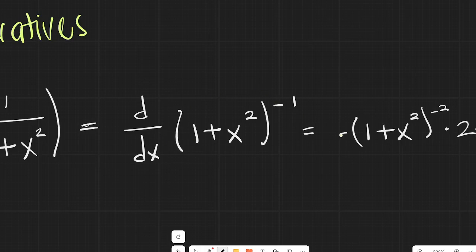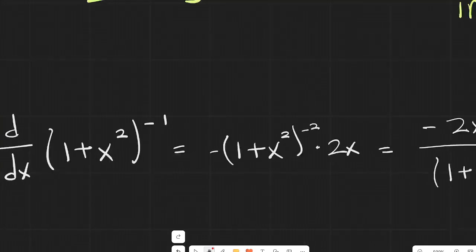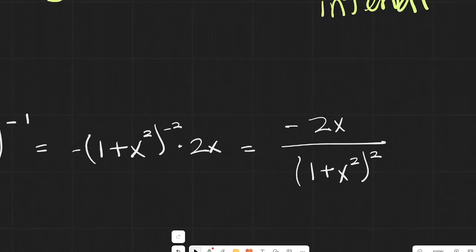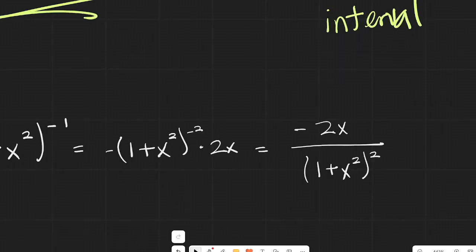That negative 1 just turns into a negative sign here. I've reduced the power, and then I have to take the derivative of this inside function also and multiply that to what I have here. The derivative of 1 is 0, the derivative of x squared is 2x, and that's how I get this. And simplifying, this is my derivative.